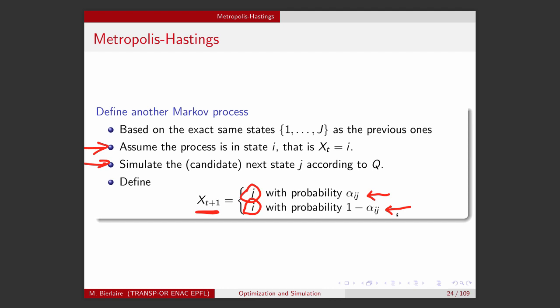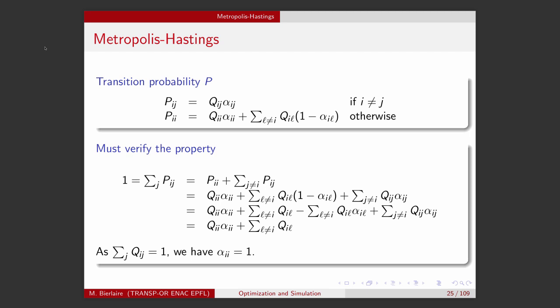Okay, so this is very simple. We design a first Markov process that is characterized by the transition matrix capital Q. We use it for simulation, and for each state, we decide if we keep the candidate or not based on a given probability alpha ij. Let's now calculate the transition probability of the new Markov process, the second one, and I will denote it by capital P. The probability to go from state I to state j in this new process is the combination of two things.